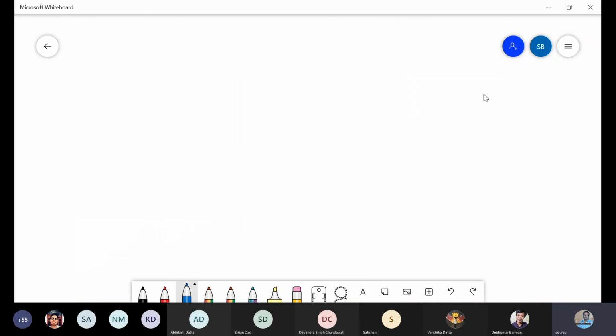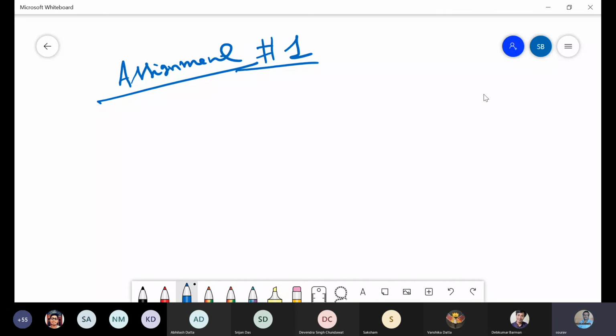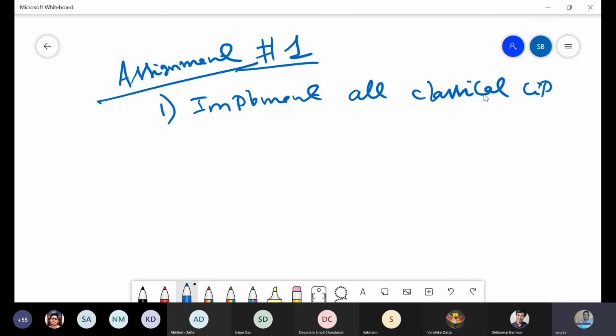Before that, let us take a coding assignment. Maybe I will give 2 assignments. One is to implement all the classical ciphers we have discussed in the class.